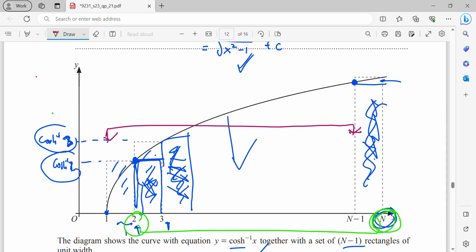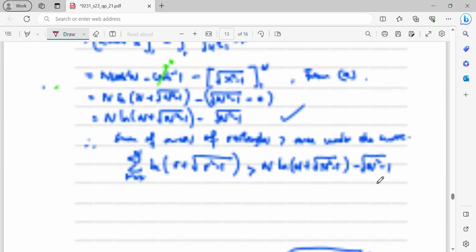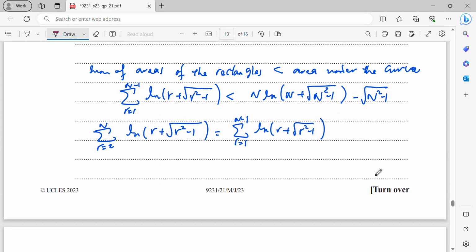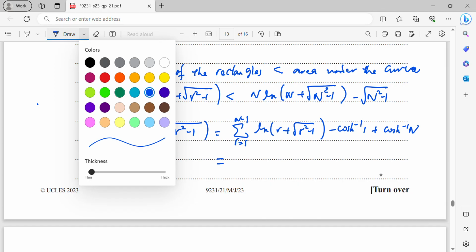Okay, that means it will be this total, the purple color, minus inverse cosh 1. This is the inverse cosh 1. Then I plus this. Okay, which means I'm getting the sum from 1 to n minus 1, I minus inverse cosh 1 and then I plus inverse cosh n. So now inverse cosh 1 is basically 0 if you use a calculator.